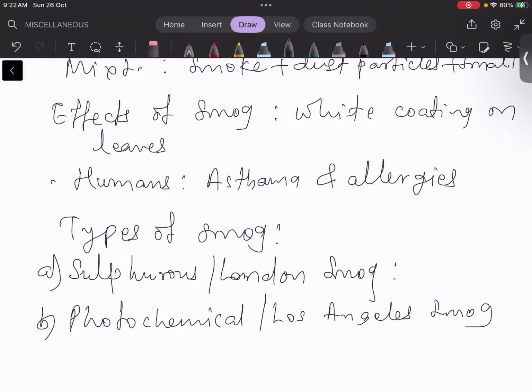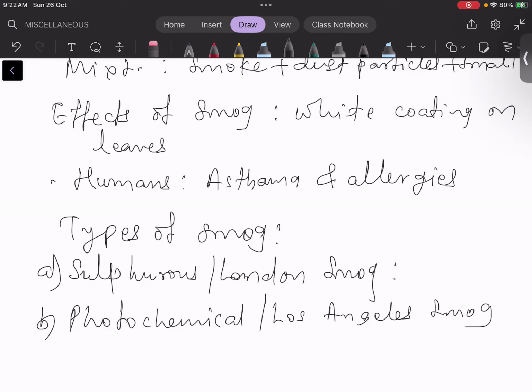It forms when pollutants like nitrogen oxide and organic compounds react together in the presence of sunlight.